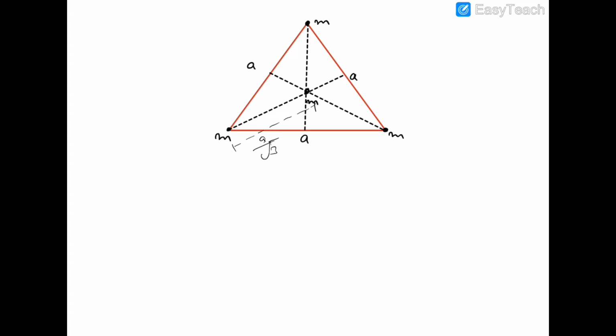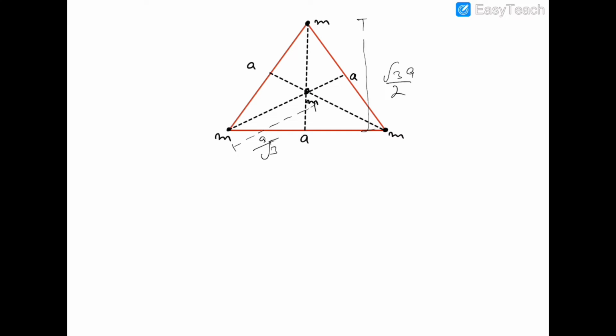You can find it out by dividing this median, which is root 3 a by 2, in 2:1 parts. So this is 2 parts and this is 1 part. So this is equal to a by root 3, and this distance is equal to a by 2 root 3.